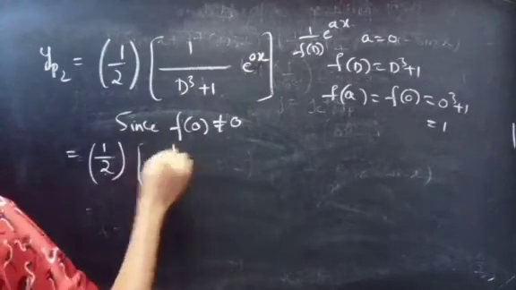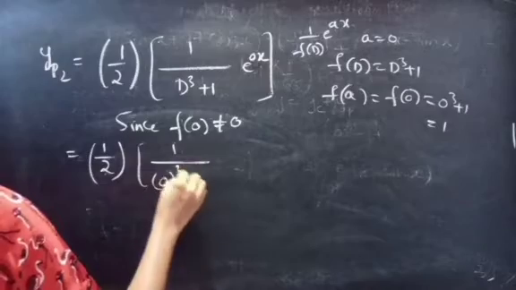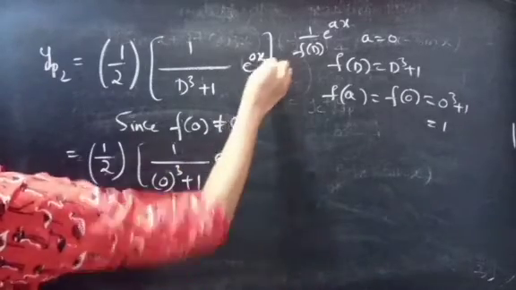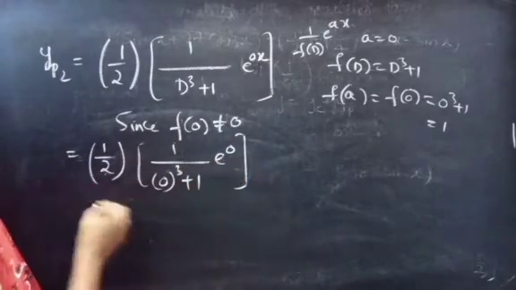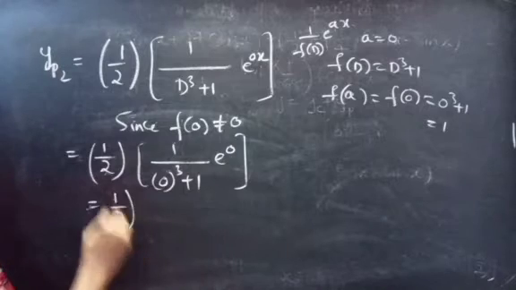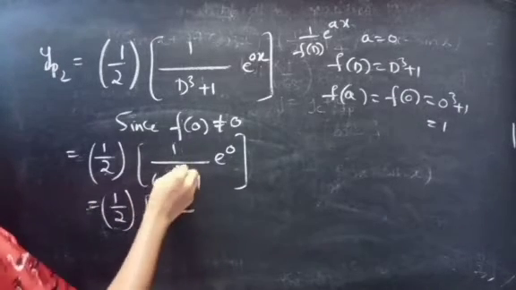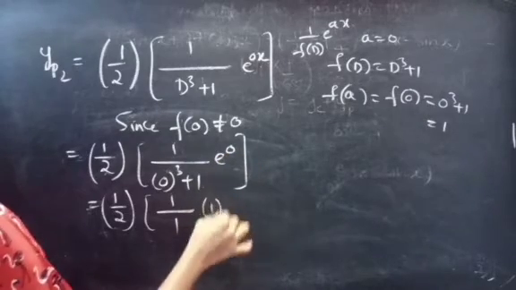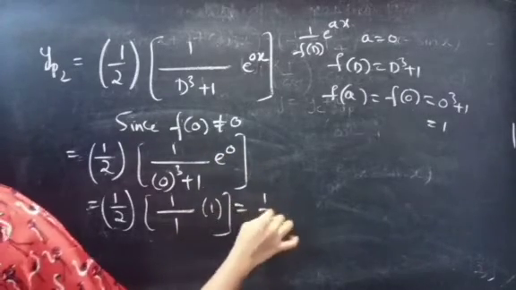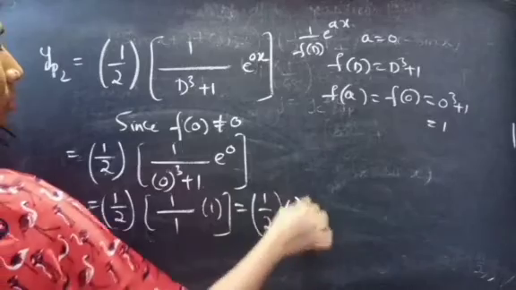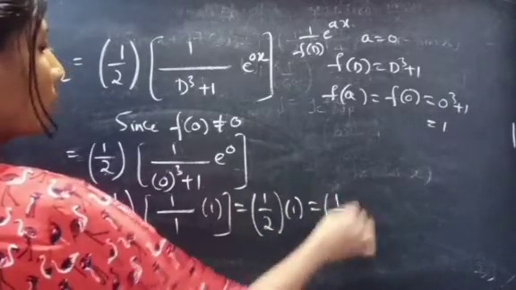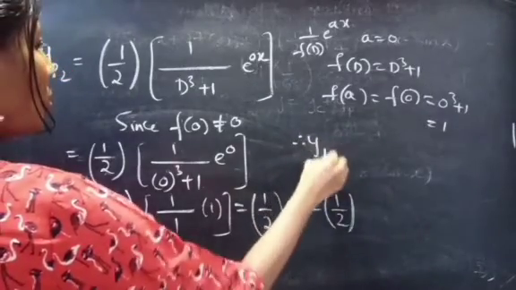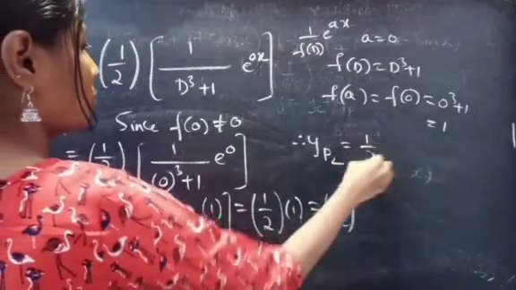Then we'll get 1 by (0 cube plus 1) into e power 0x, just write e power 0, equals 1 by 2 into 1 by (0 cube is 0, 0 plus 1 is 1) into e power 0 is 1. So finally you'll get 1 by 2 into 1, which equals 1 by 2. Therefore yp2 equals 1 by 2.